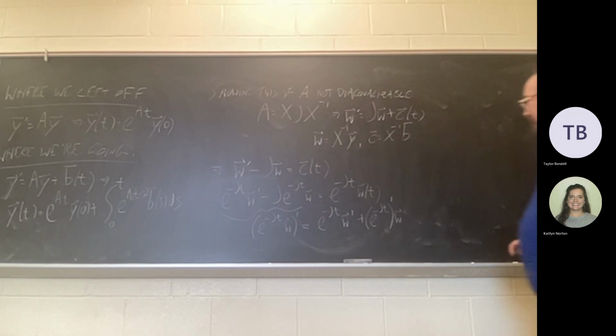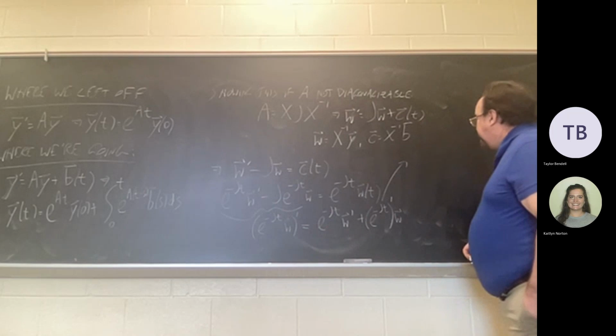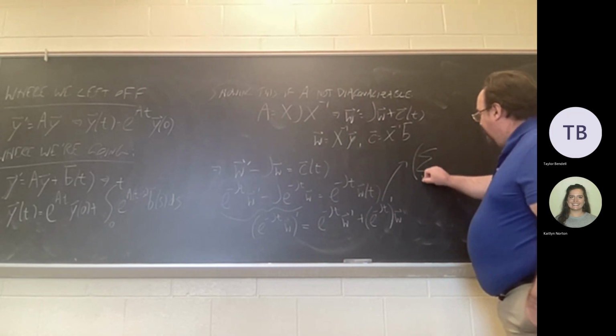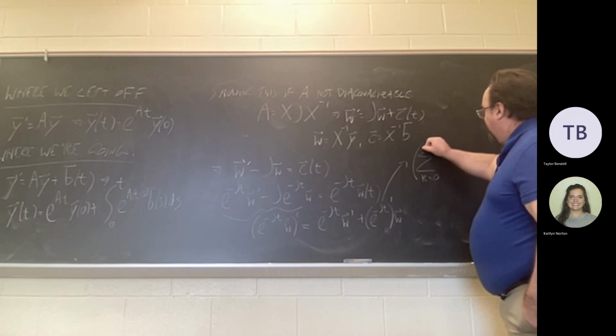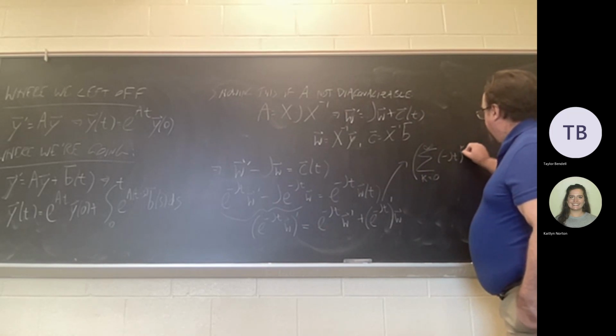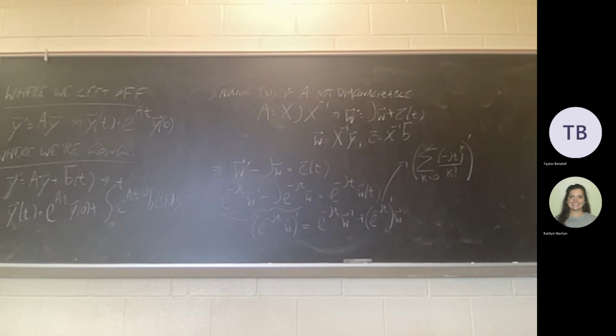Okay, so now I'm going to focus just on this derivative. What I have is the Taylor series: the sum of minus jt to the k power over k factorial. Now I want to take a derivative of that with respect to t.